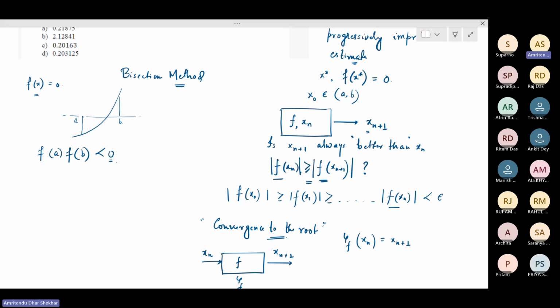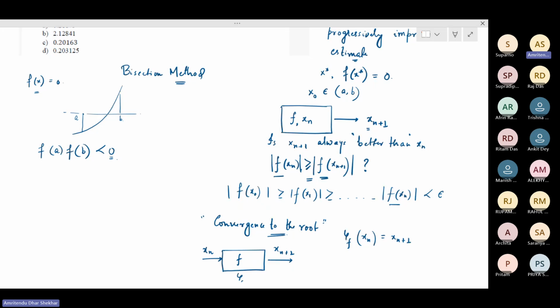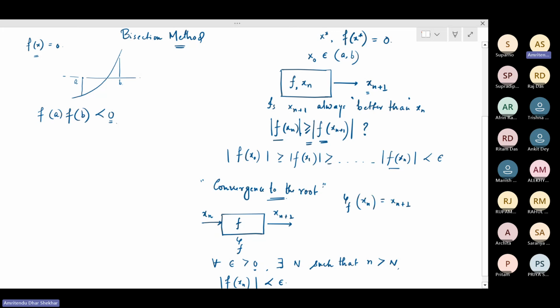If there are multiple roots, then again the choice of the initial estimate will determine which root you converge to. We'll look at that later, but let's first look at this example. You start off with any estimate of the root. Let's say your x0 could be any point between a and b.